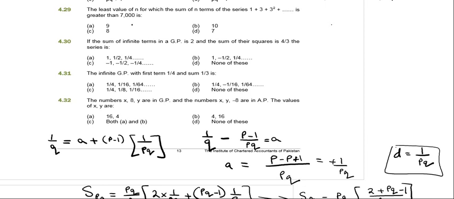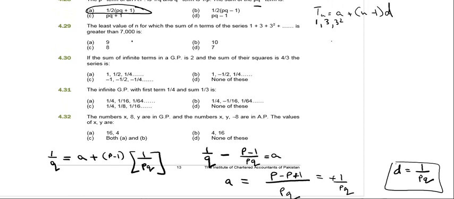Now this is a geometric progression, since the first term is 1, the second is 3, the third is 3 square, and the sum of a geometric progression is denoted by a formula which is Sn is equal to a into r power n minus 1 divided by r minus 1.